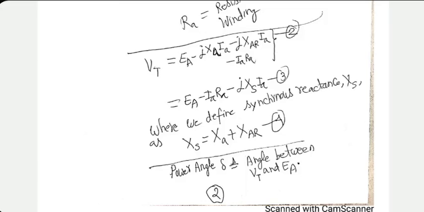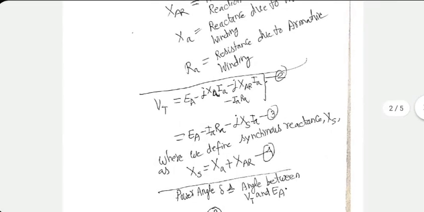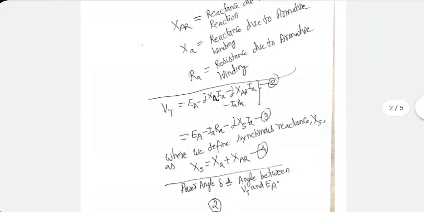What we normally do is we lump the two reactances together in a single parameter called synchronous reactance, XS, which is XA plus XAR. In fact, in numerical problems, you will be given XS directly rather than giving XA and XAR independently most of the time. So the equation that you would actually be using to calculate the output voltage will be equation 3.